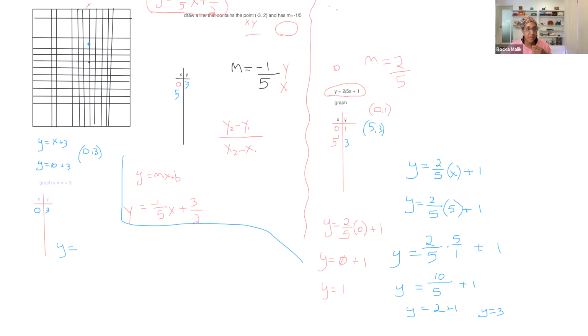So when x is 5, my y value is 8. So this gives me another point. 5, 8.